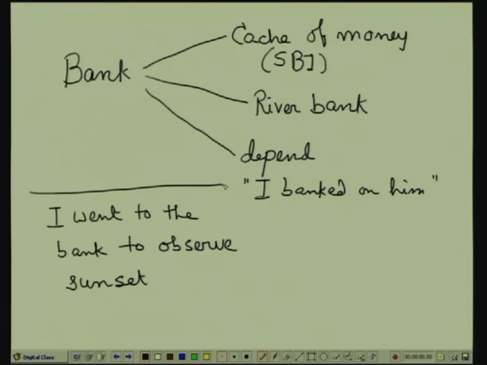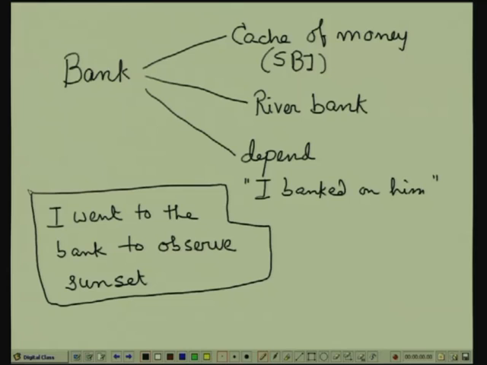then this is my sentence which I am trying to understand, which the machine is trying to understand. Now, you can see that just by syntactic analysis through the normal parsing, I will find out that this bank is basically a noun, whereas the meaning depend is a verb, right. So, this meaning is not applicable.